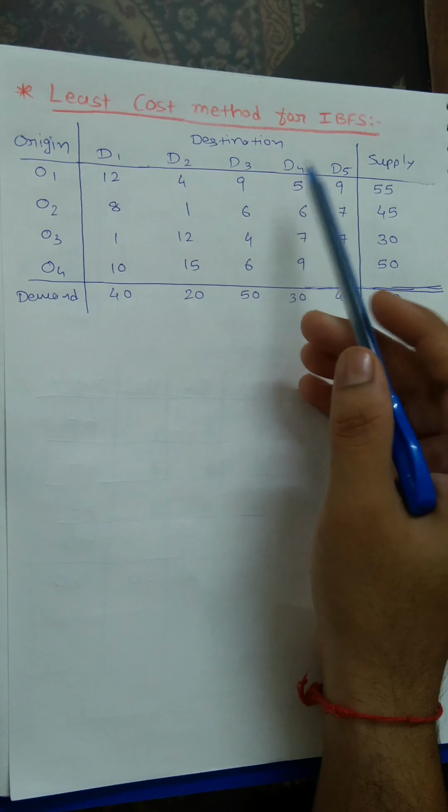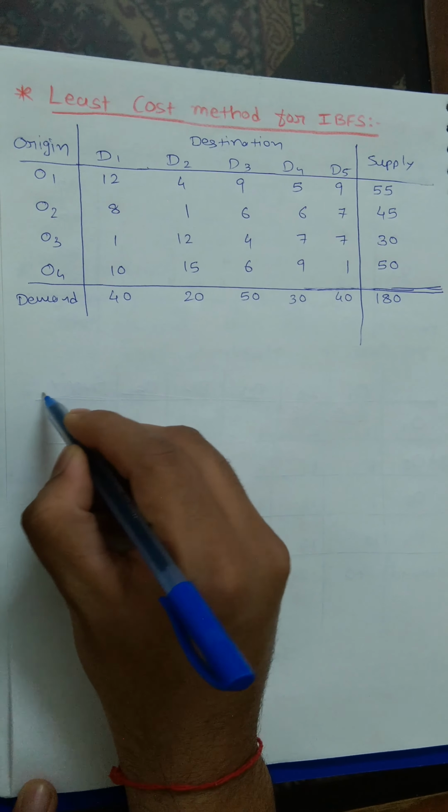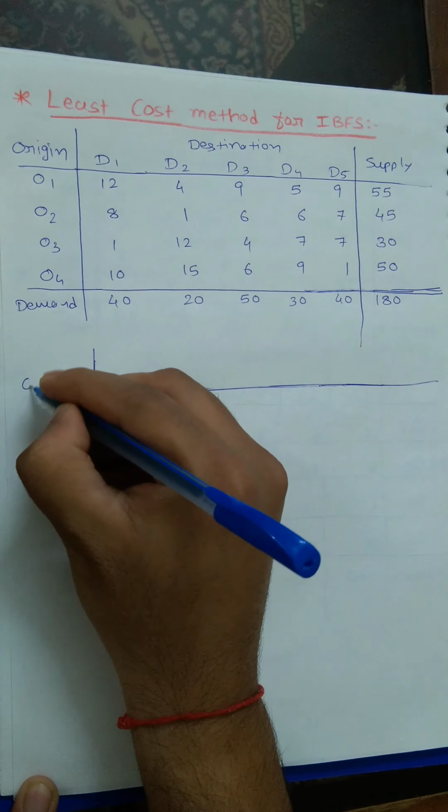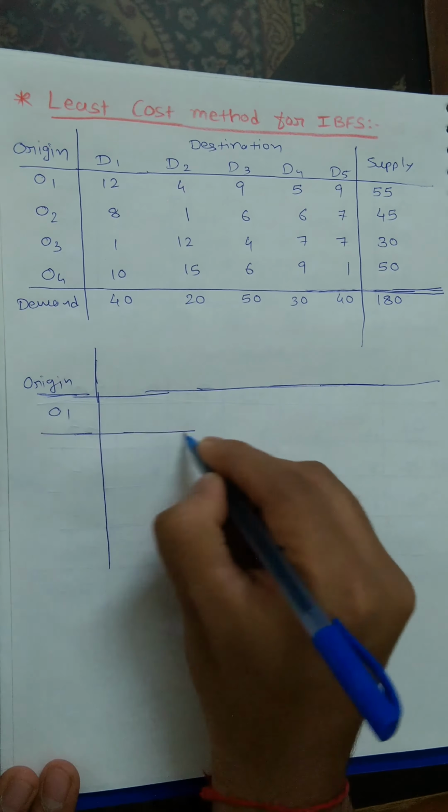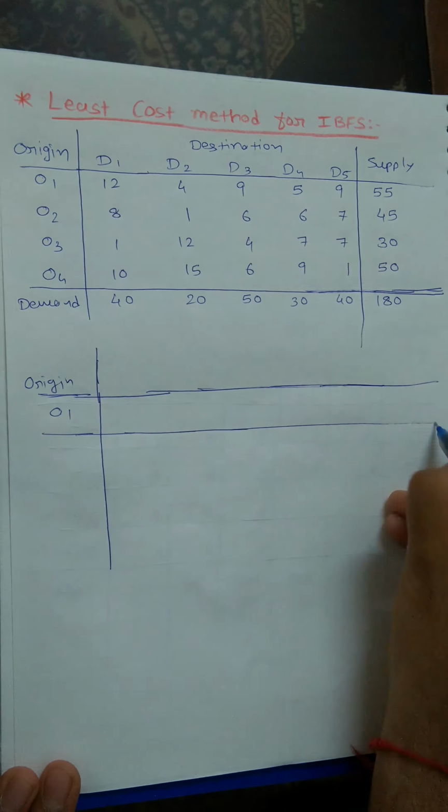So let us start with this method, the least cost method. As usual, we first need to make a table. This table must be in the cell type of structure. In the question you can see the figures are just placed without any cell, so you first make cells as shown in this.